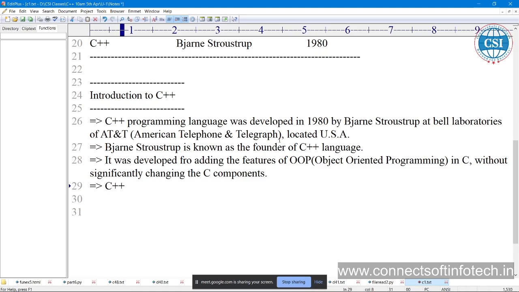C++ programming is relative, called a superset of C.